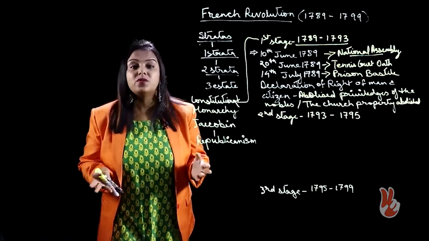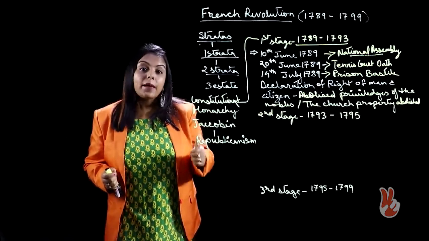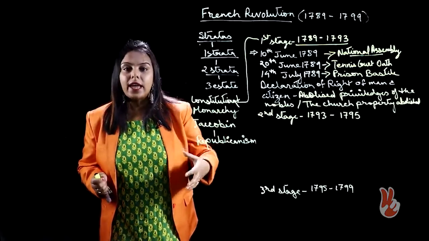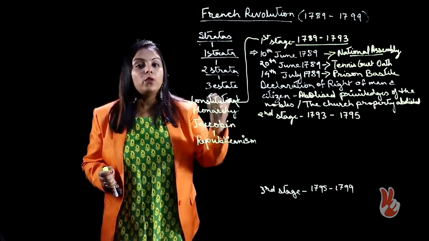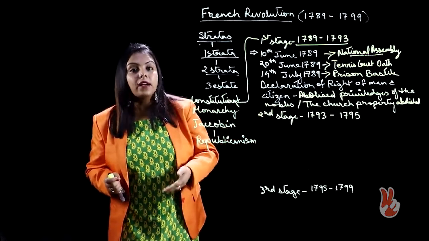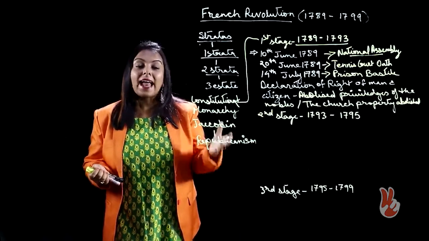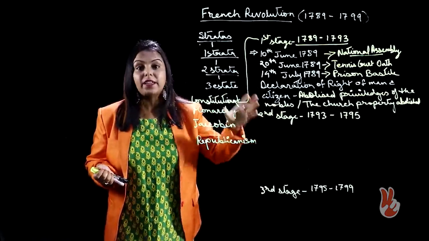Now, what is this First Coalition? Countries like Prussia and Rome came together to attack France. Why? Because they were scared that if the French Revolution became successful, that would instigate the people in their countries to revolt like the people revolted in France, and then overthrow the governments of their respective countries.